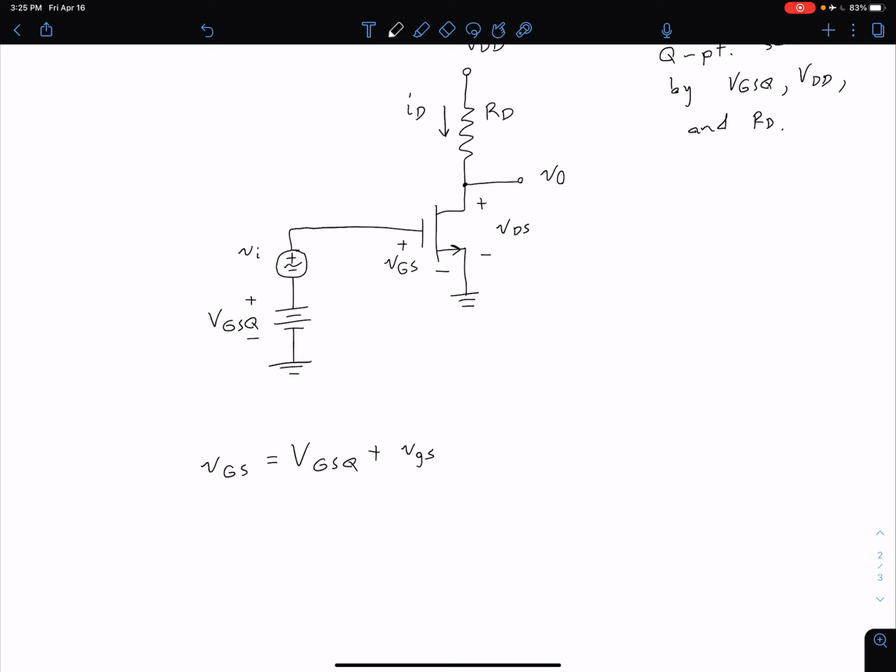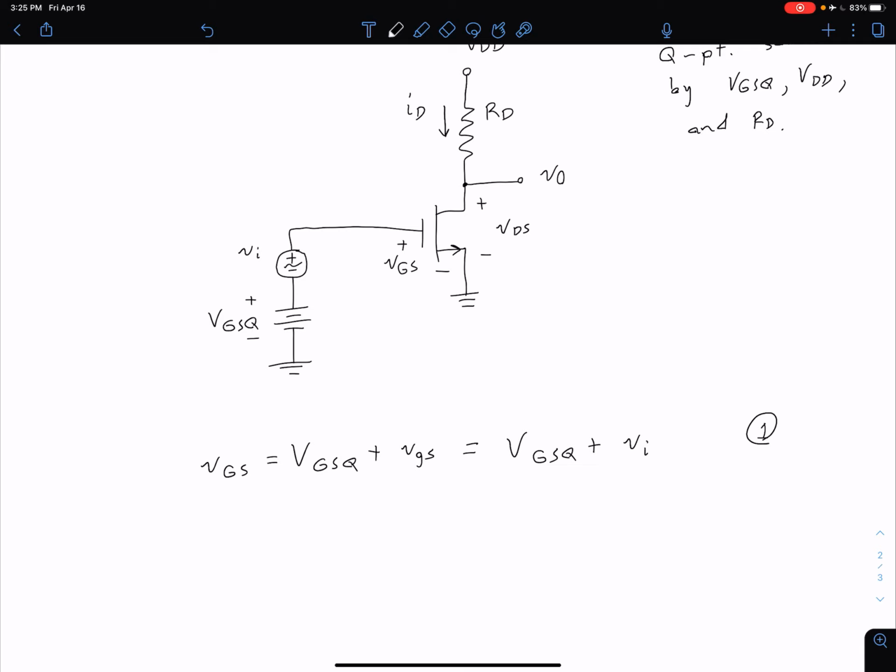In this particular case, based on looking at this loop for our gate to source, we can say that lowercase vgs is actually just going to be v_i. So we could also say this is equal to VGSQ plus lowercase v_i. Let's call this, to be consistent with our notes, equation 1.